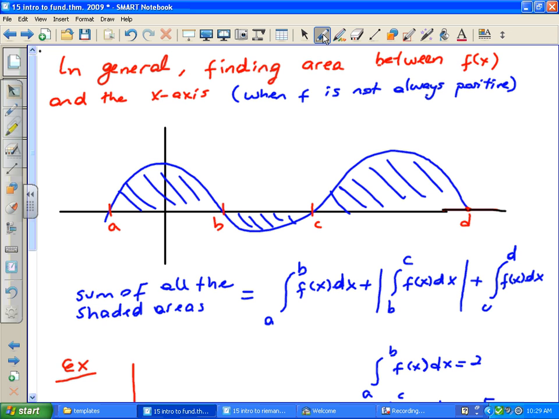And the answer is pretty simple, actually. You go in bits and pieces. First you go from A to B, then from B to C, and C to D. In each case, you find the integral. You apply the fundamental theorem. But when you are dealing with this side where you have a function below the x-axis, just remember to take the absolute value.